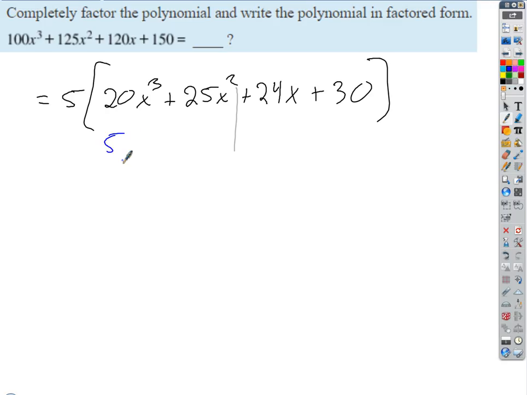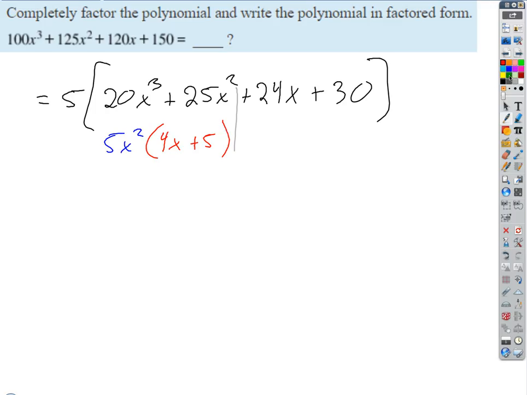5x squared, good. And what's going to be left over then? 20x cubed divided by 5x squared is what? 4x, good. 25x squared divided by 5x squared? 5. What are you dividing by? 4? I'm dividing by 5x squared.